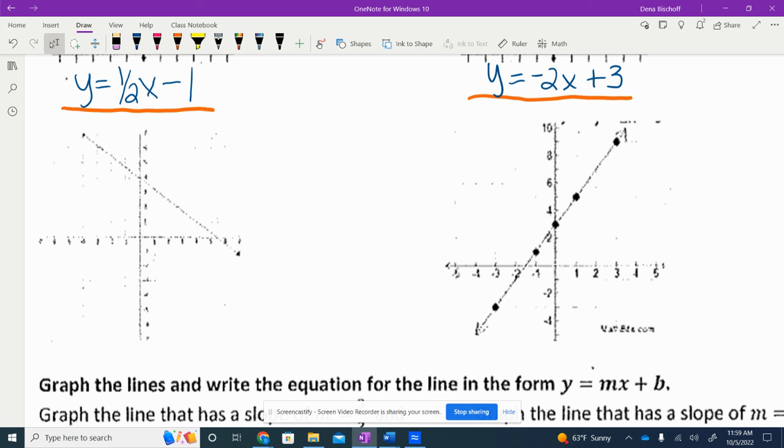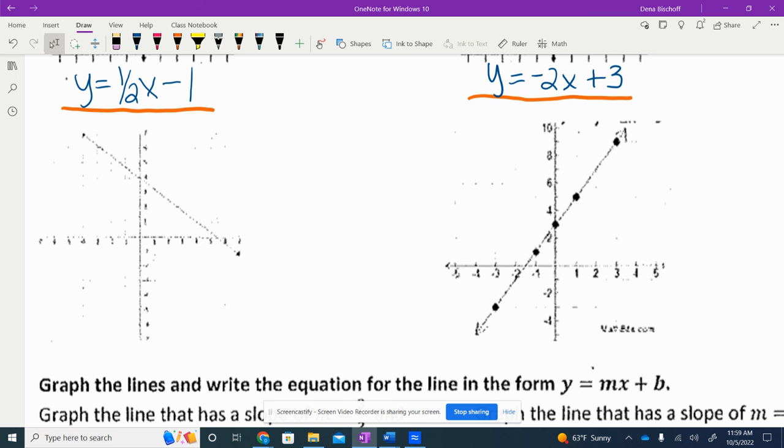What is that? Perfect. Come on, hurry it up.